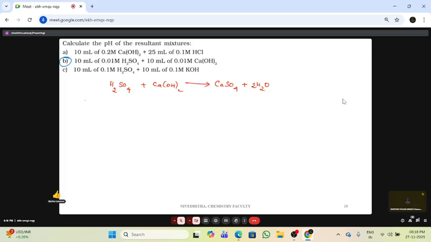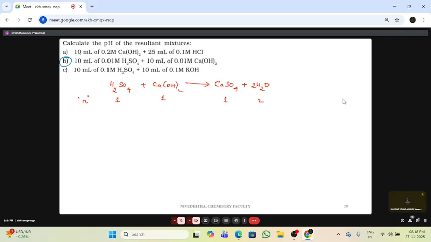So what is the inference in terms of number of moles? 1 mole of sulfuric acid is reacting with 1 mole of calcium hydroxide to give 1 mole of calcium sulfate salt and 2 moles of water. Here, sulfuric acid and calcium hydroxide are reacting in 1:1 ratio.